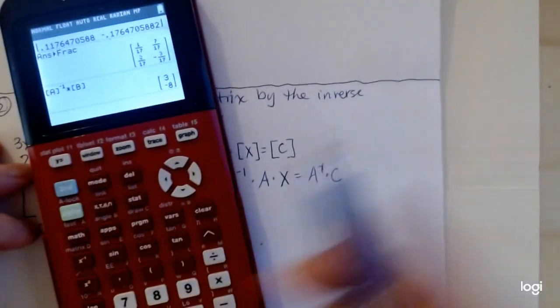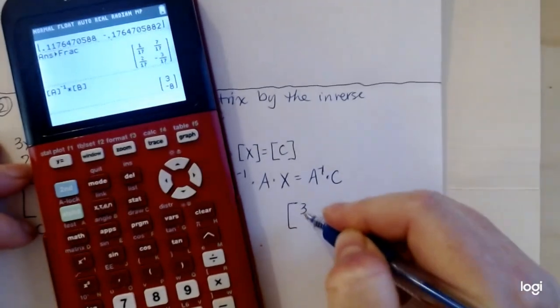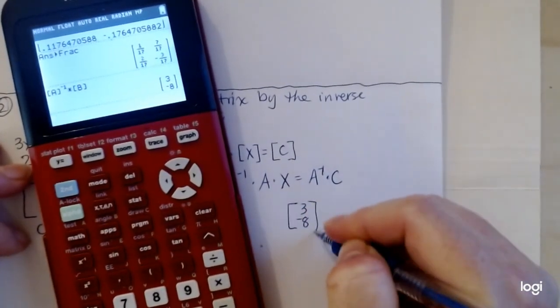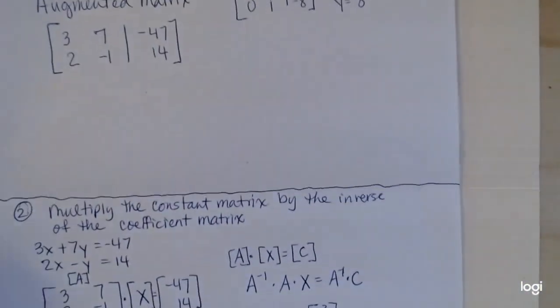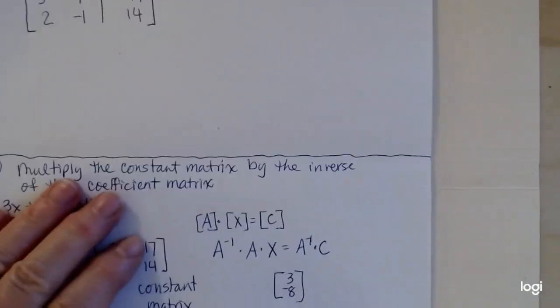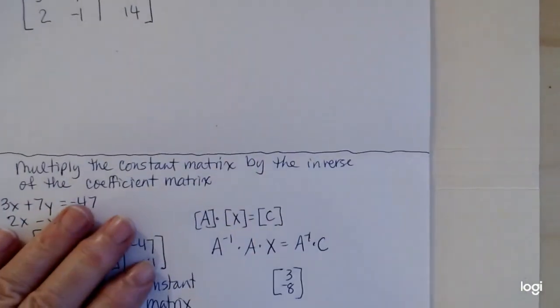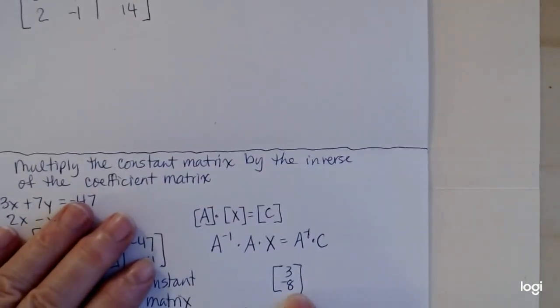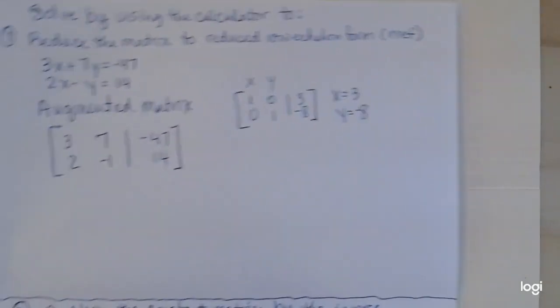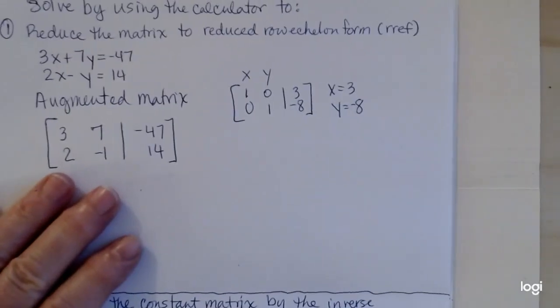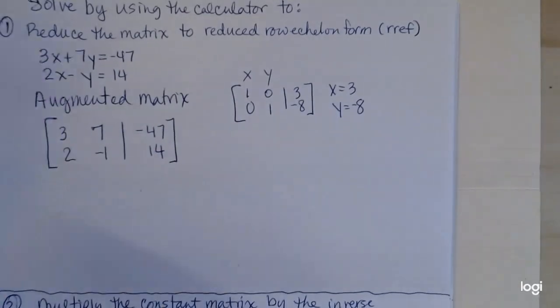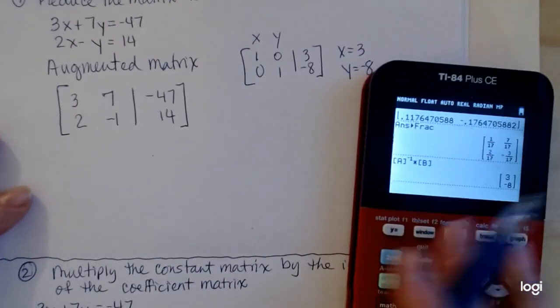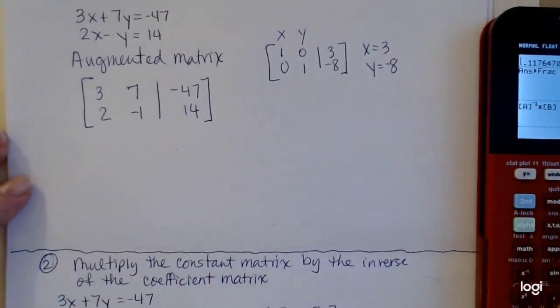So my solution is the same no matter how we work this. We did 2 algebraic methods, we did 2 matrix methods, and we got 3 and -8 every time. So those are methods that you're going to be asked to work on in the homework.